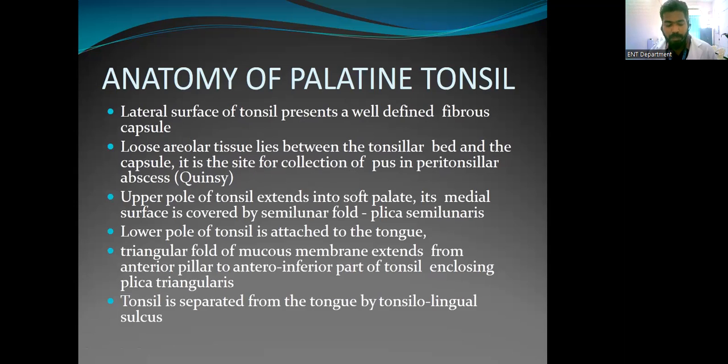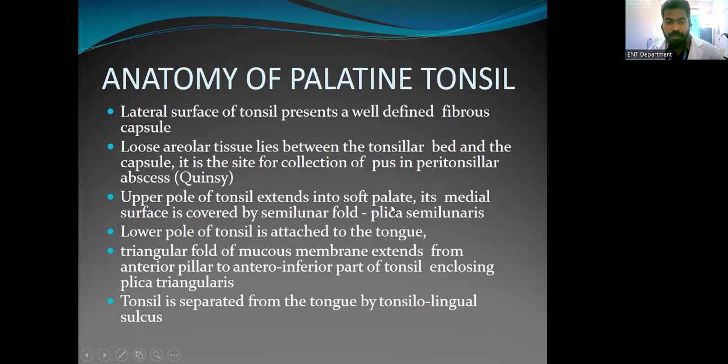The tonsil is well placed in a bed called the tonsillar bed. The lateral surface is covered with the tonsillar capsule, and between the tonsillar bed and the lateral surface you have this loose areolar tissue.